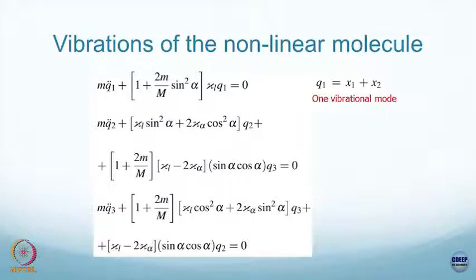You need to literally do these things to figure out that q1 is a normal mode with coordinate x1 plus x2, but what we will see is from group theory we can actually get x1 plus x2, and then because we have done this hard work you can appreciate that x1 plus x2 is a normal mode I get from group theory. Okay. Is that clear?